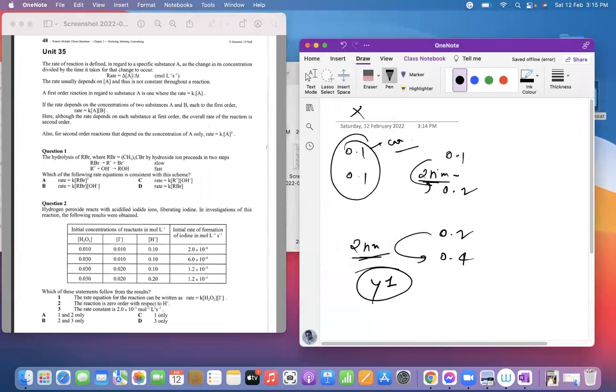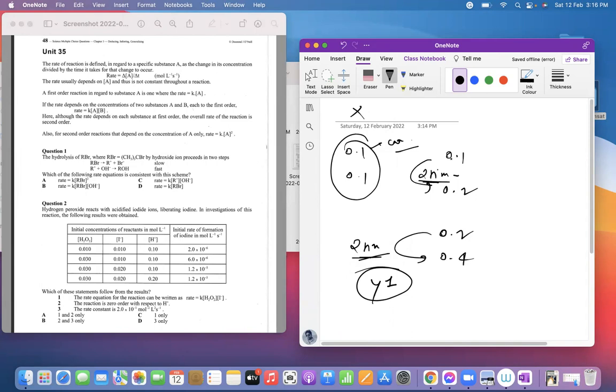Question 2. Question 2, can you see? Please tell me which of the following answers is correct in question 2.